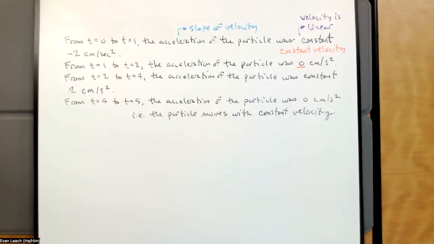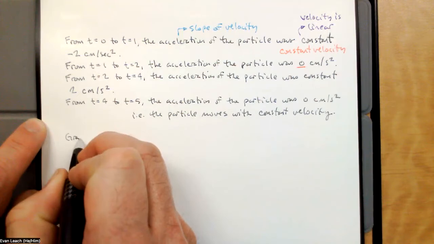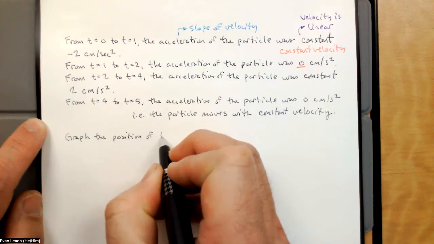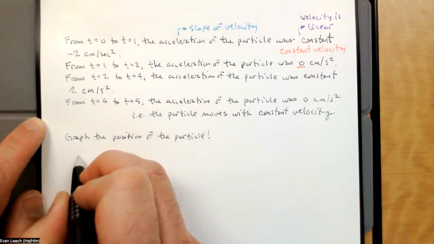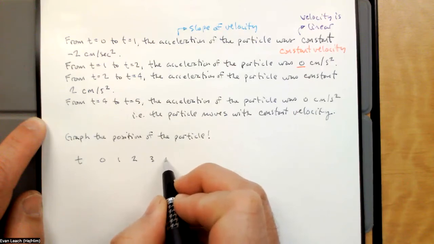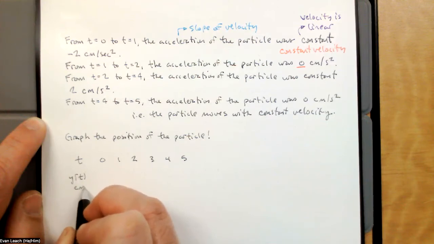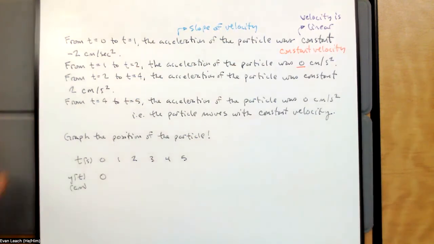We can draw a graph of the location of the particle. We were told that the particle started its journey at y equals 0.